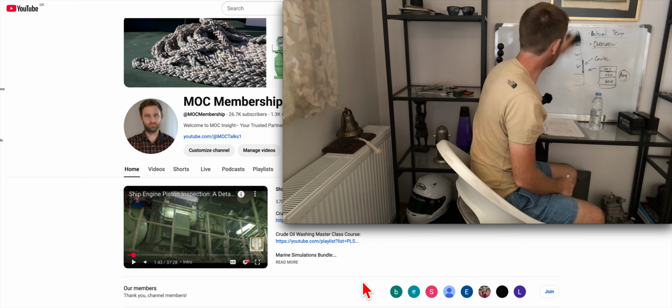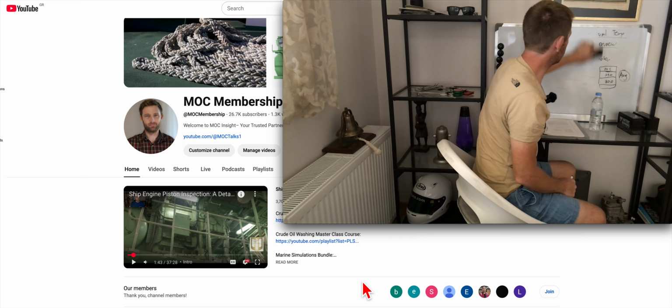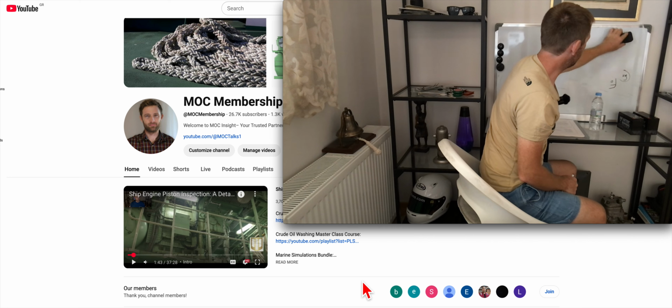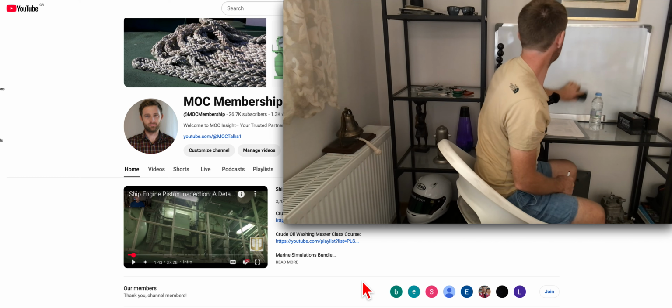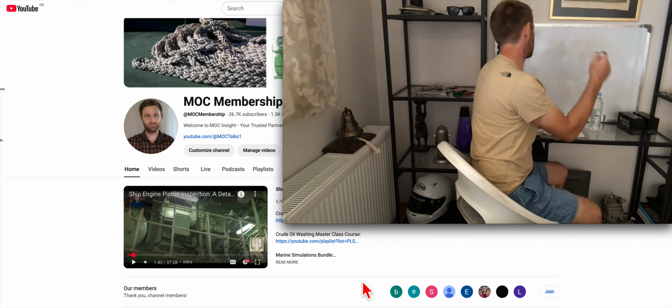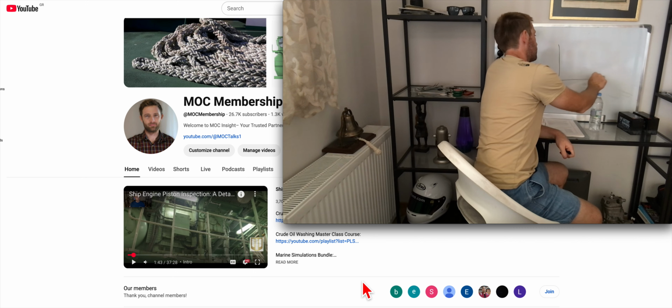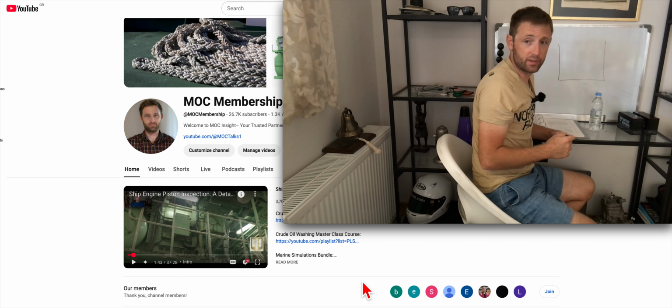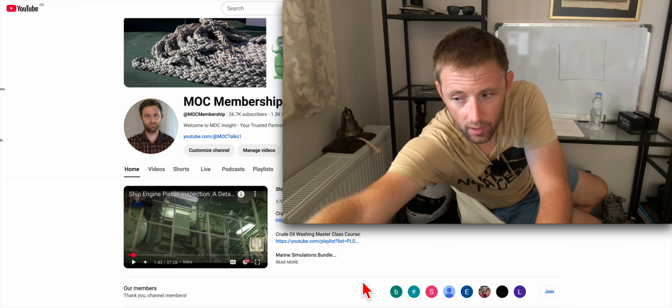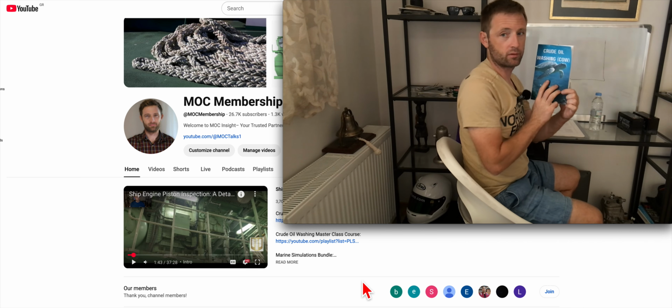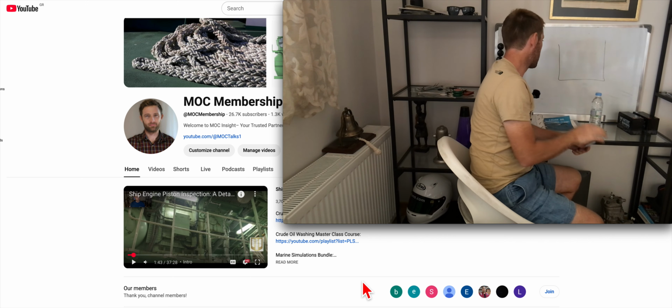The good thing is that the new tankers are designed in such a way that the plates in the bottom are straight, okay? This is the good thing. I also explained that in my crude washing book and the masterclass course, which is available on YouTube.